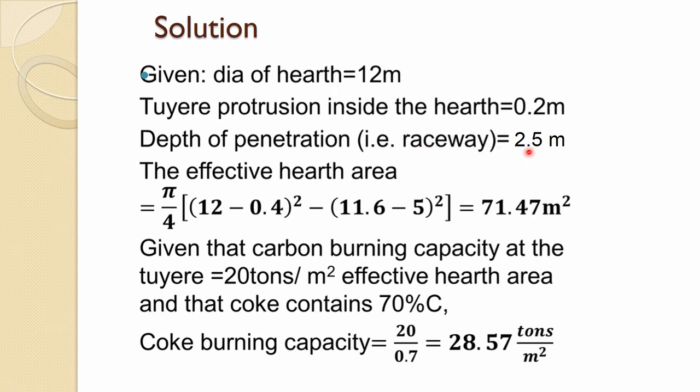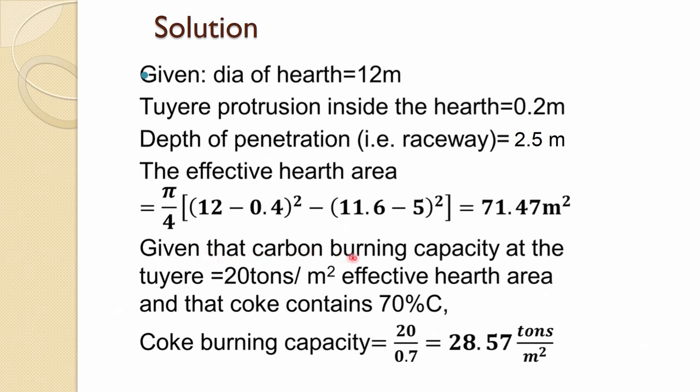Now we know the raceway is 2.5, and that is also extending on both sides, so 2 into 2.5, that is 5 meter. So, this minus this is going to give us the effective hearth area. This is being used for the raceway, this is inactive by the TUR protrusion. So, what is remaining would be the effective hearth area. When we calculate this effective hearth area, it comes to 71.5 meter square.